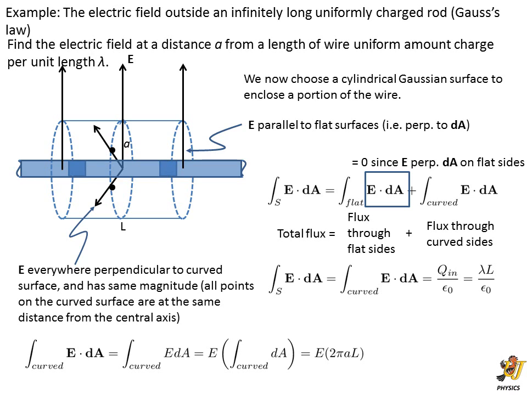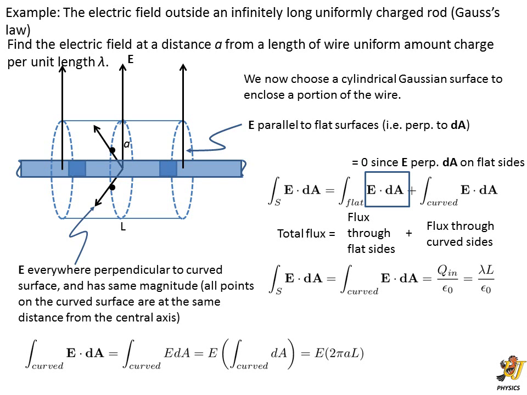From the symmetry arguments we presented earlier, we know that everywhere on the curved surface, the electric field, being perpendicular to the rod, has to be perpendicular to the curved surface. In other words, it will be parallel to a surface vector that is erected on the surface itself.